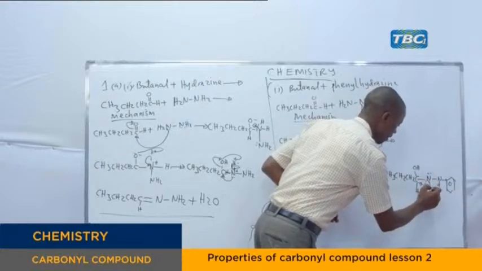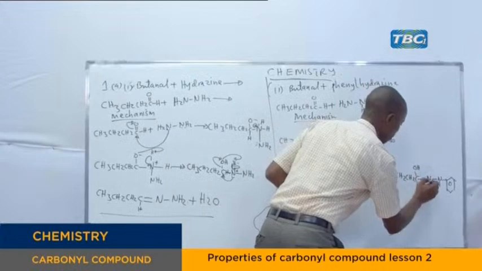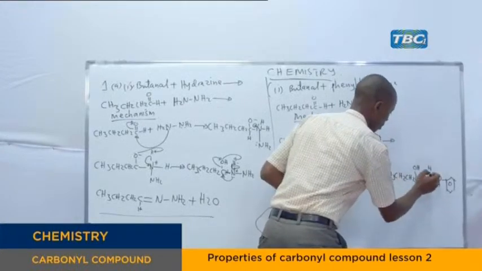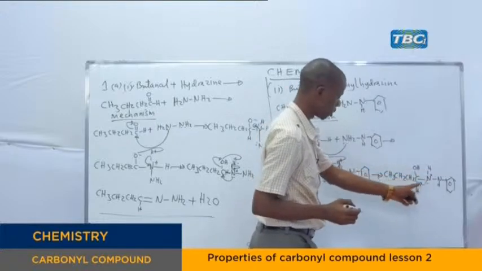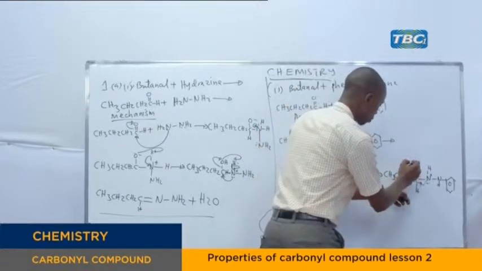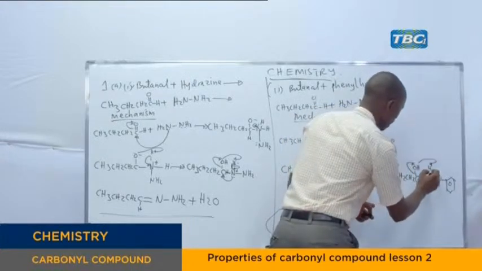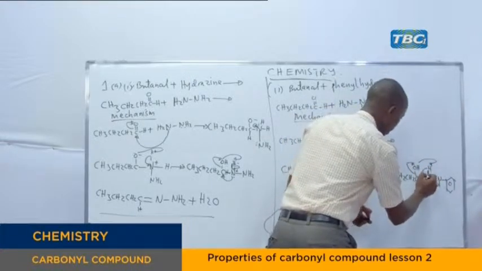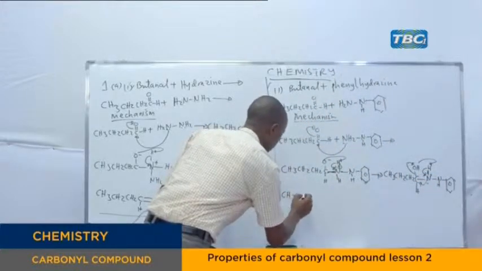If that is the case, this bond will also break down. Let me write it in this way. There will be a positive charge because this proton will attack this carbon atom, and the electron moves that way. So this will take this proton, and this bond will break heterolytically, coming back to the nitrogen atom. So at the end, we are going to form the following product.